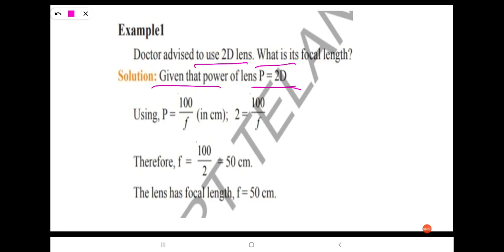Using P equals 100 by F, with F in centimeters, we can write 2 equals 100 by F. So F equals 100 by 2, and we get 50 centimeters. So the lens has a focal length of 50 centimeters.